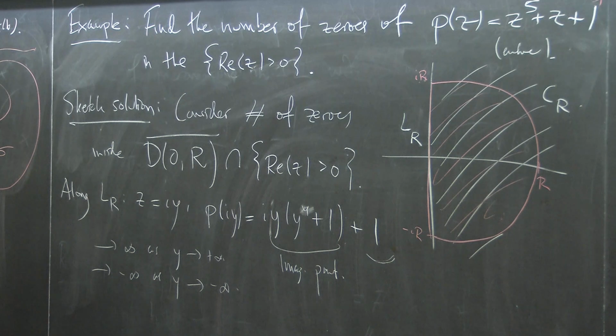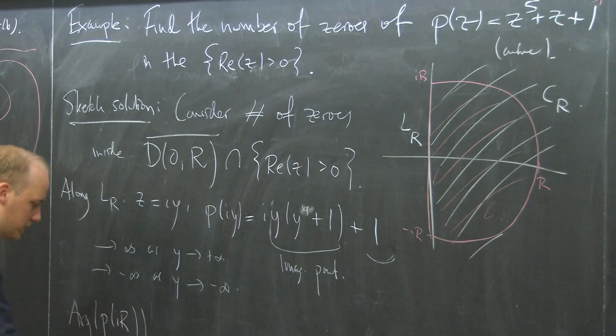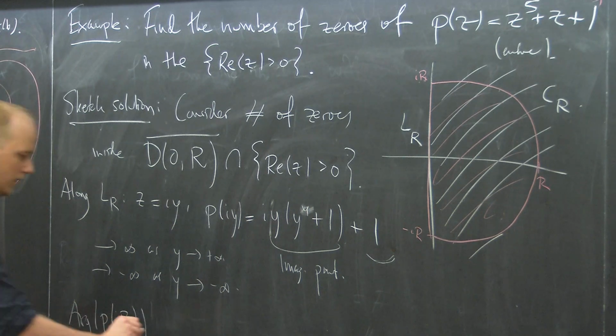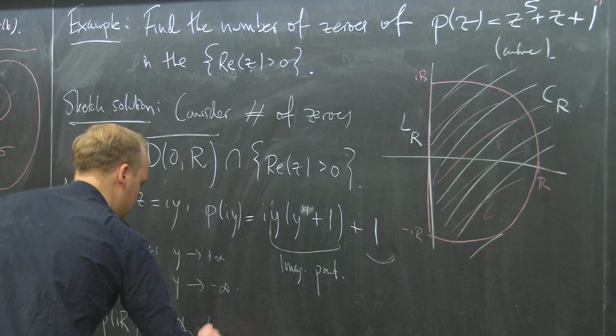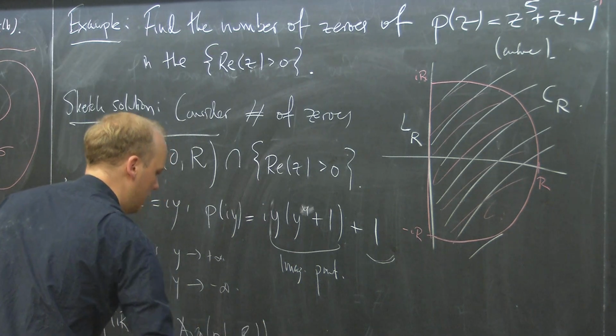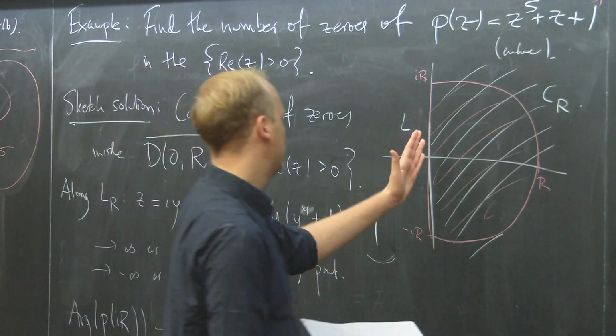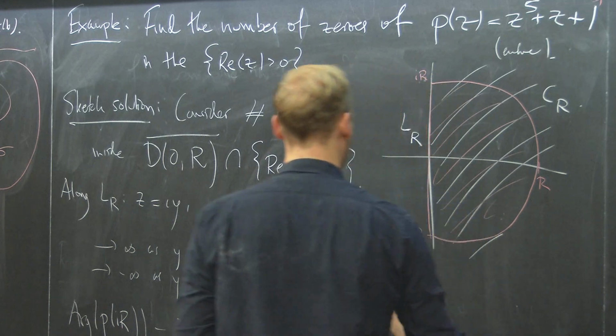Okay, and the claim is simply that if I look at the argument of P of iR, which is a point in the complex plane, and I look at the difference between this and the argument of P of minus iR, then what I'm claiming is that the difference will be exactly pi.